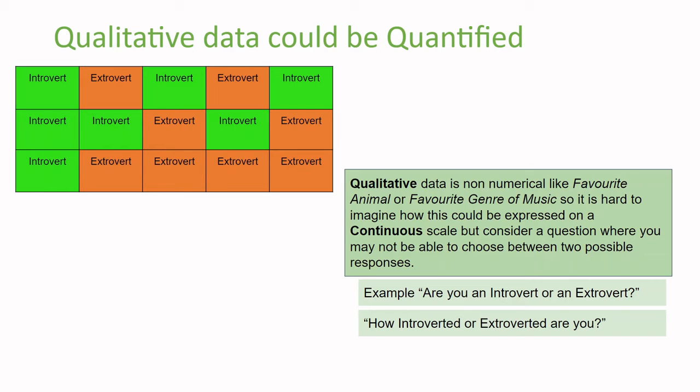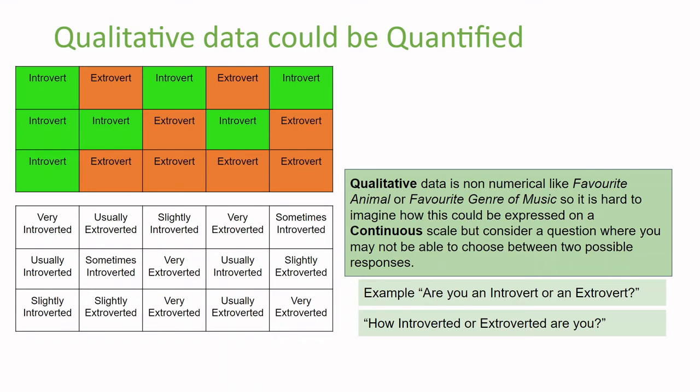And asking that question, I might get this set of possible results. The person who previously said that they were an introvert might actually want to say that they are very introverted. This person who said they were an extrovert might usually be extroverted, but not always. This introvert might only be slightly introverted.